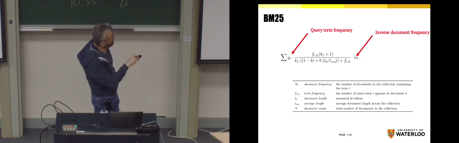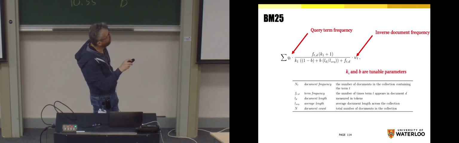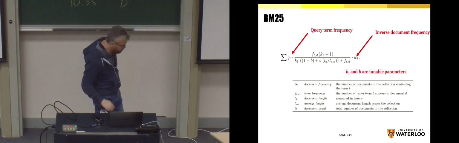This is where we put the inverse document frequency, and this is the frequency for a document. So this is a sum over query terms t, for a particular document. There's a couple of tuning parameters. That's just a number, that's what you tune there, and this b. This is the actual length of the item, and this is the average length of items in the collection, and that's it.